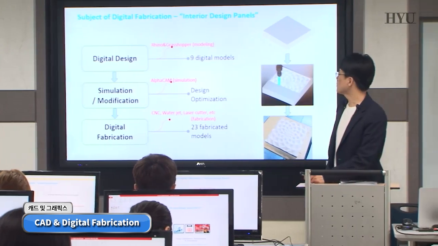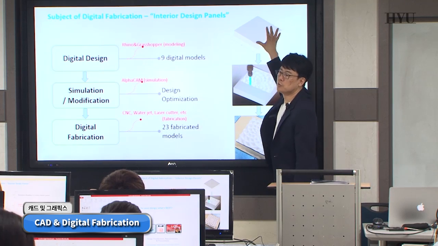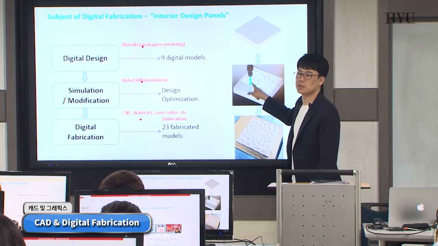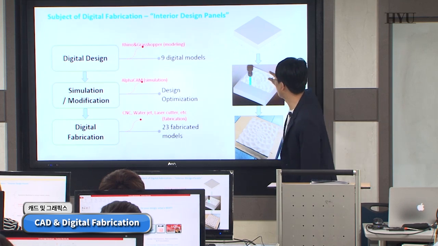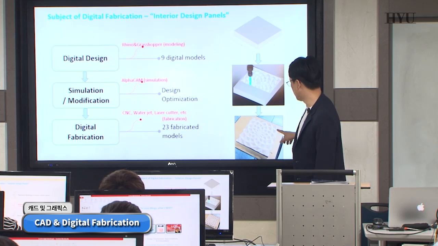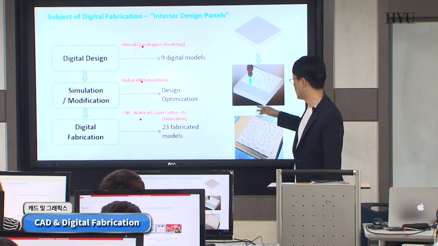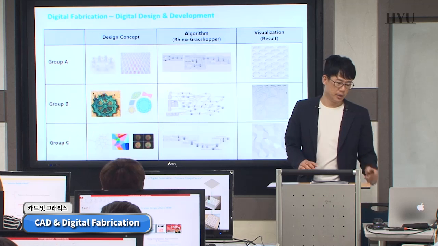So here is the example. If we have this kind of wood structure, this is the AlphaCam simulation screen. Take a look. This drill is moving on top of this wood structure, and then physically, really, this wood structure can be cut by this drill, and then the final products can be created this way.